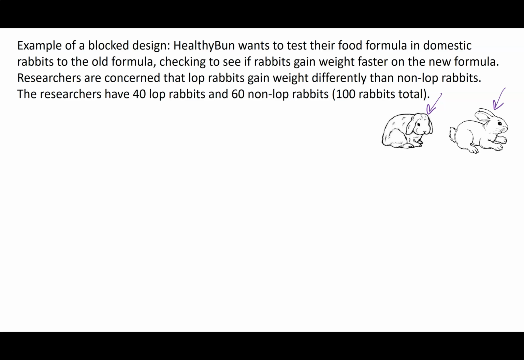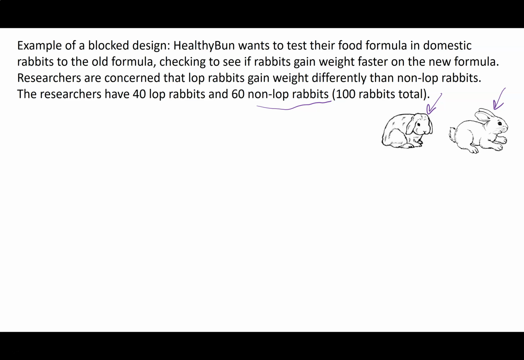Note that I don't know enough about rabbits to know if this would be true. The researchers have 40 lop rabbits and 60 non-lop rabbits. So basically we want to make sure that roughly half the 40 lop rabbits get the new food and half get the old food. And then half of the non-lop rabbits get the new food and half get the old food.